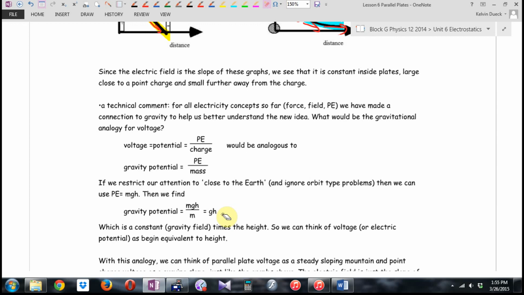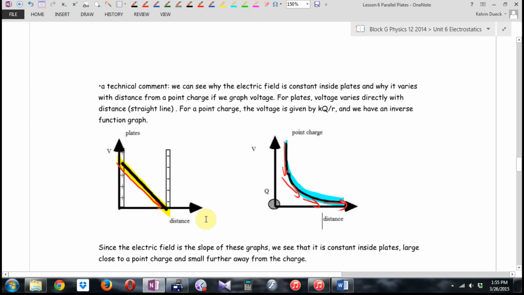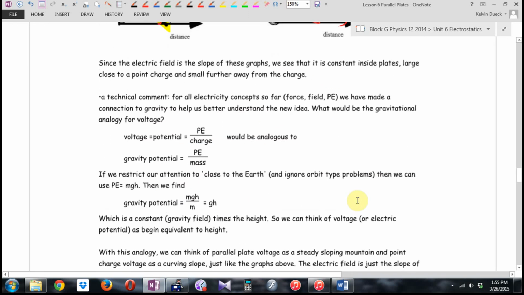That's not a perfect analogy because I'm really ignoring that little g in front of the h. So I think of voltage sort of, kind of, a little bit like height. Then, for what it's worth, you can think of a parallel plate as a steadily sloping mountain and a point charge as a curvy mountain. It's taking it a bit far.